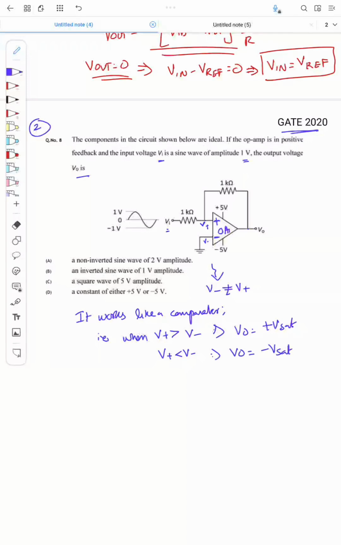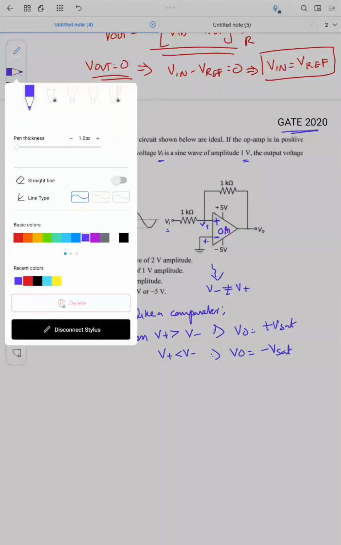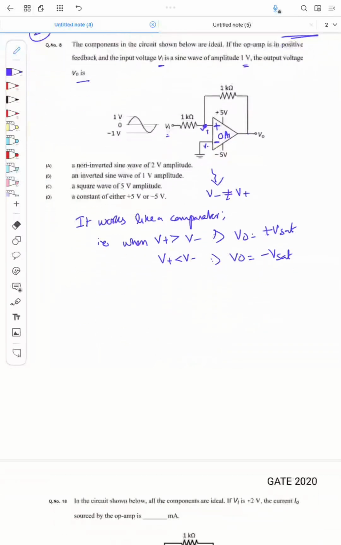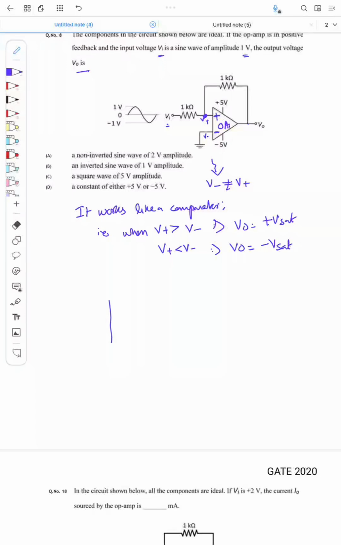So what is V plus here? If you see here, I'll draw the circuit here again. So this is V plus, the current here is 0, right?